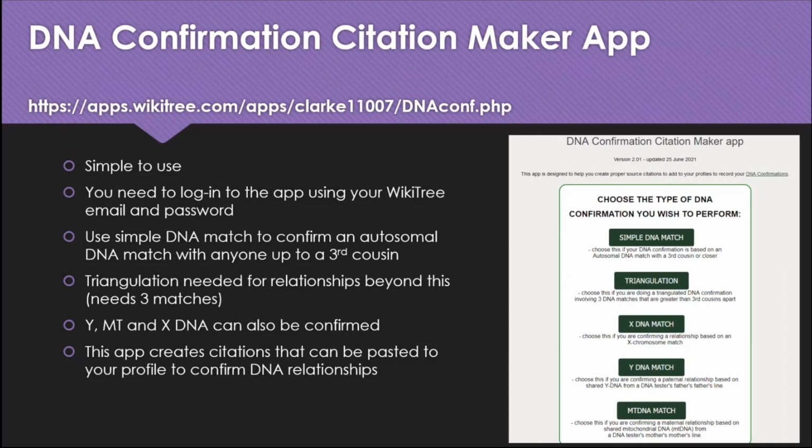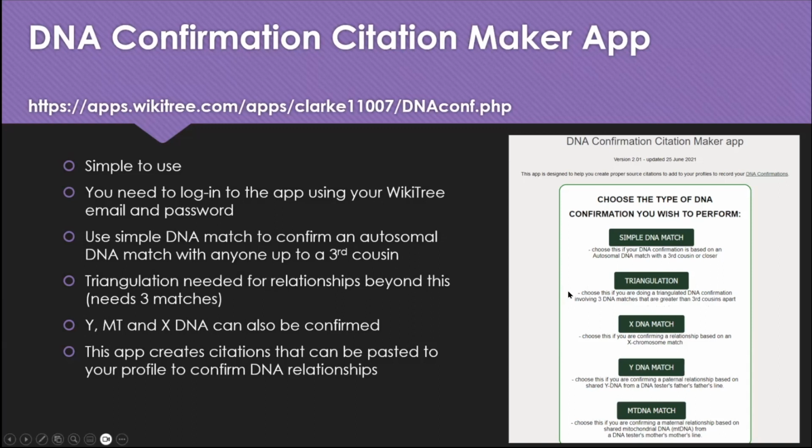You need to have 3 matches, and this is the rule that WikiTree have set down. You need 3 matches who are all related to each other, no closer than third cousins. And it explains that here under the triangulation. It involves 3 DNA matches that are greater than third cousins apart. So that's something to bear in mind.